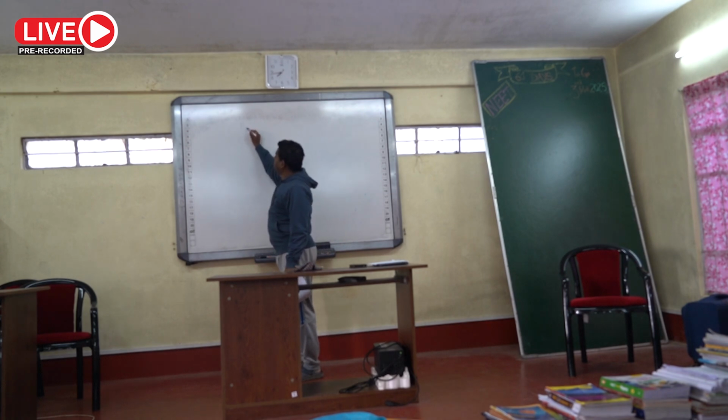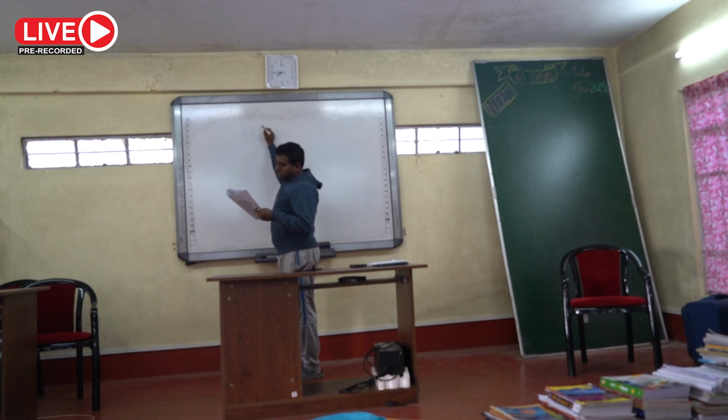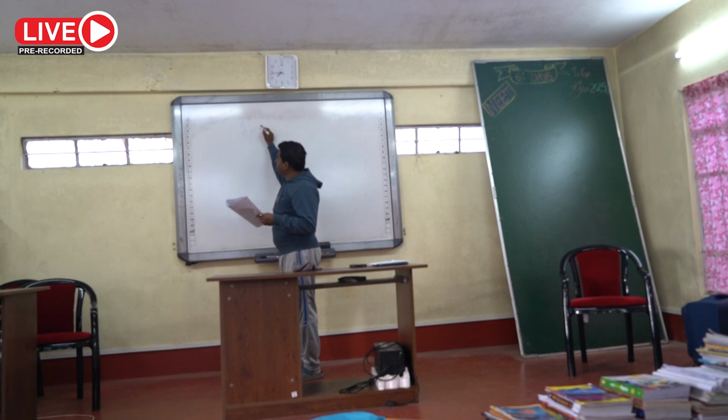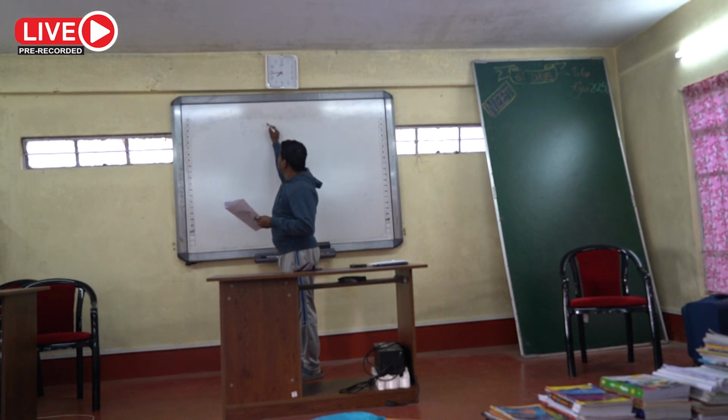Per second, change in momentum per second, that is p by t, suppose that is 1 second, that is equal to how much energy flux is falling? 60 watt, that is in joule per second. So that's why I write p by t. So momentum p equal to E by c.